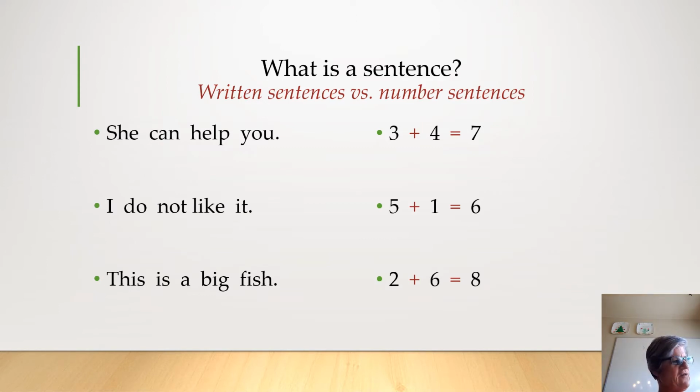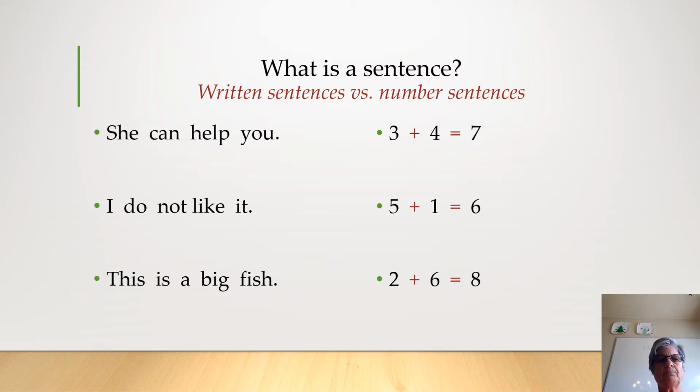Now, first of all, we're going to review what a math sentence looks like. In order to do that, first I think we need to review what a written sentence looks like. If you look on the left-hand side, you will see 3 sentences. Let's start with the top sentence.